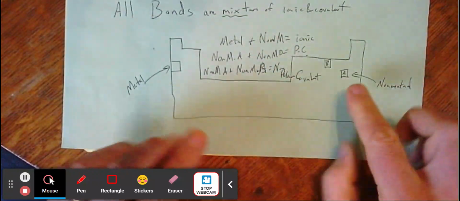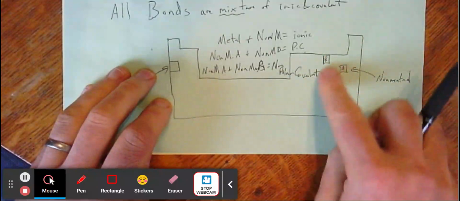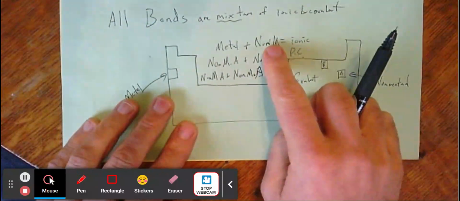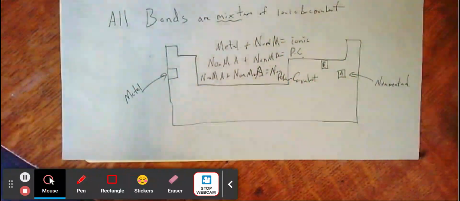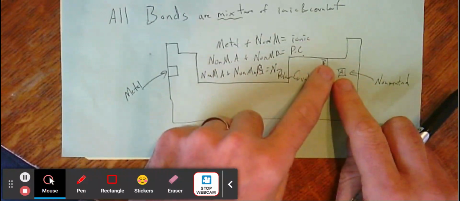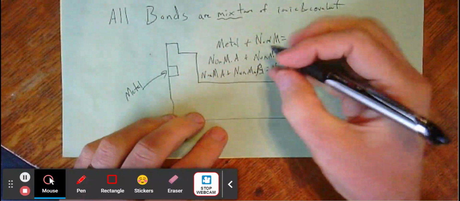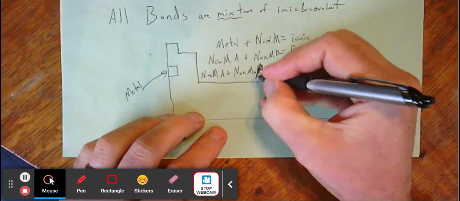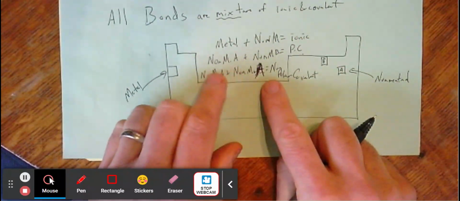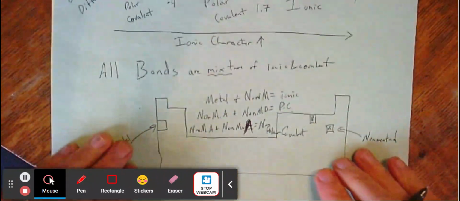So a nonmetal and a metal, something here and something from here, nonmetal metal, that is ionic. Two different nonmetals, that's polar covalent, and two of the same nonmetals, that is, sorry, non-polar covalent.